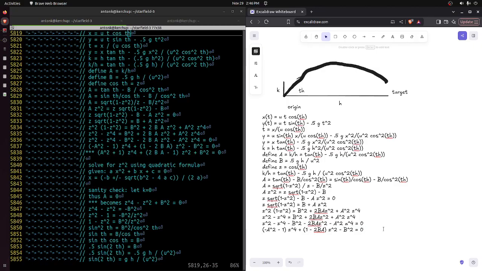And let's say, I don't want to use x again. Let's use capital X. Let's say capital X is equal to z squared.